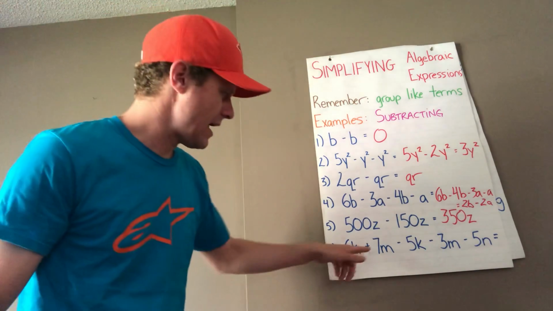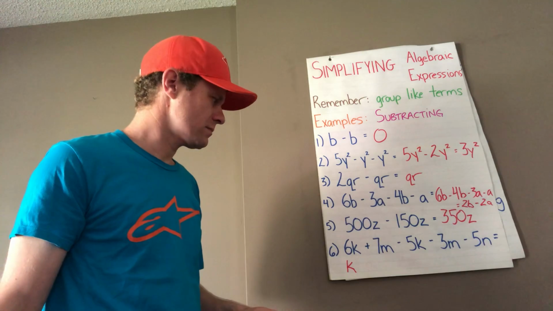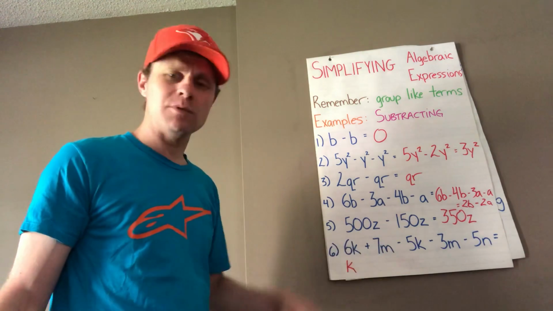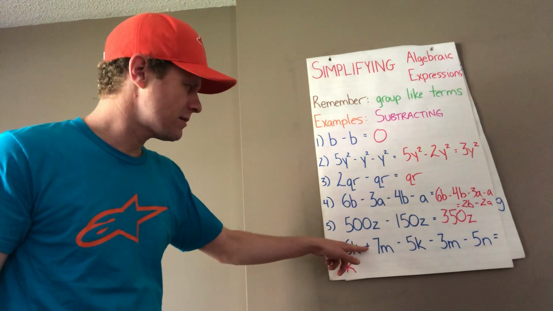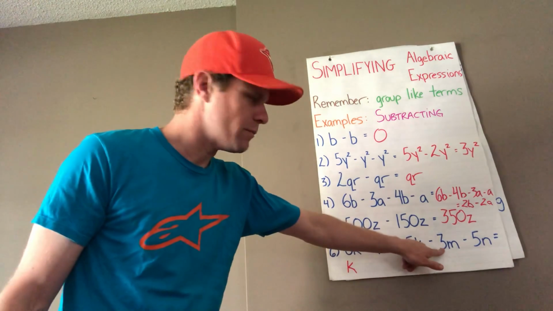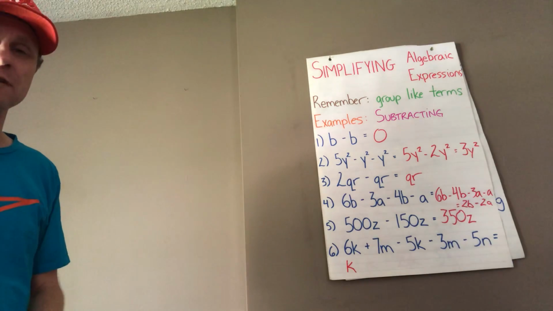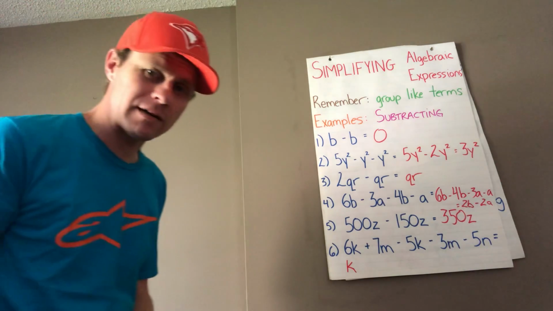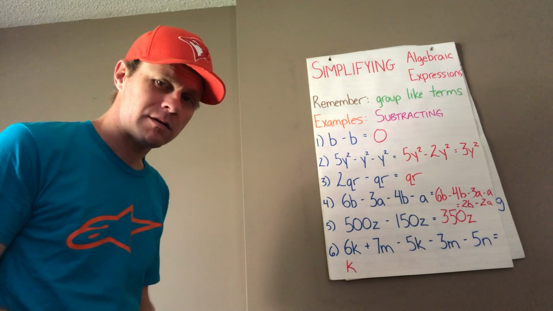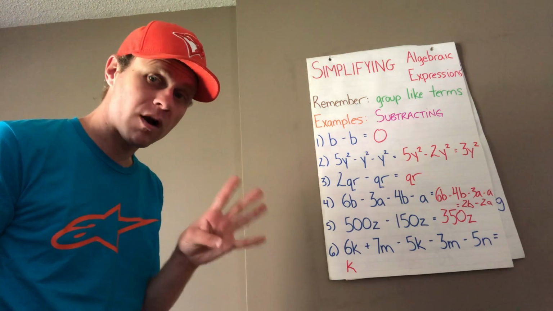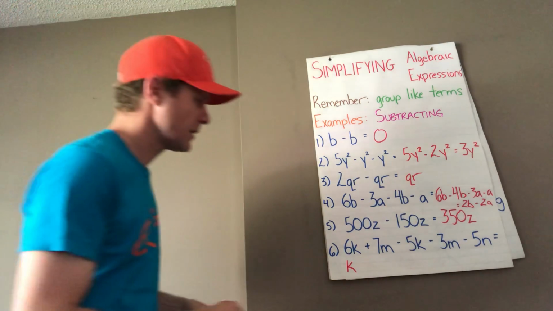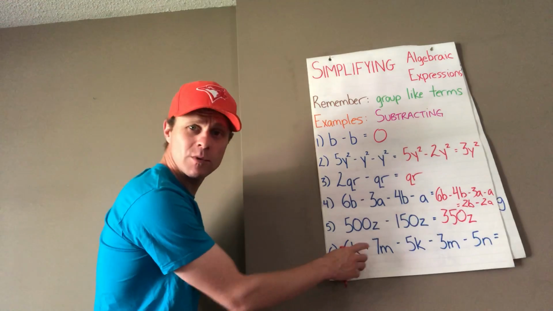Now we have m. How many m's do we have? We have 7, but we need to remove 3. So the difference between 7 and 3 is what? Good. But it's a plus here. So we're going to add the 4.